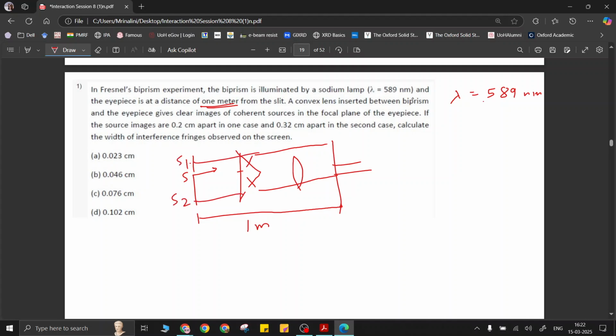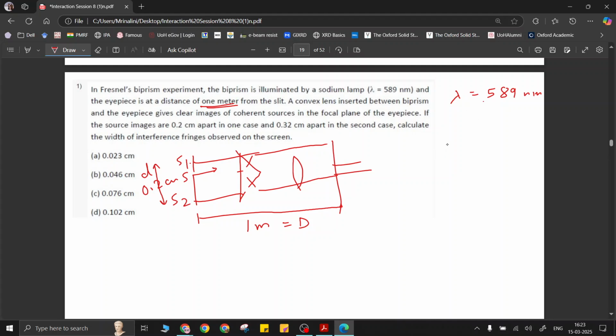So the image of the coherent sources in the focal plane of the eyepiece, if the source images are 0.2 centimeter apart, which we denote by small d, and this we denote by capital D, in one case, and 0.32 centimeter apart in the second case. Calculate the width of interference fringes observed on the screen.